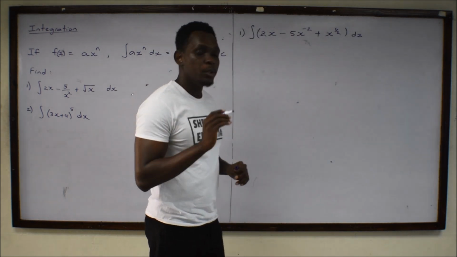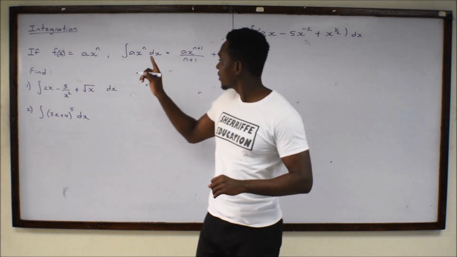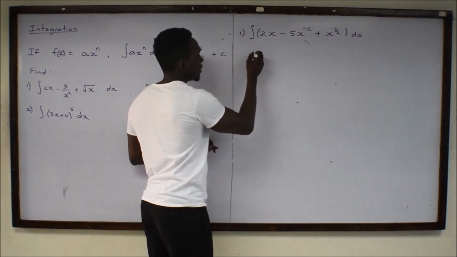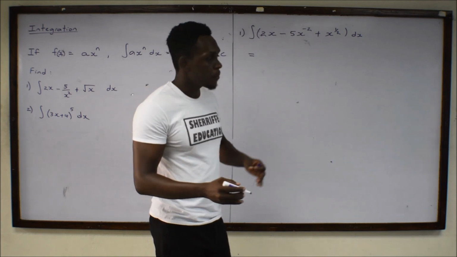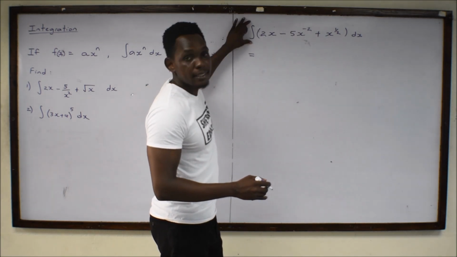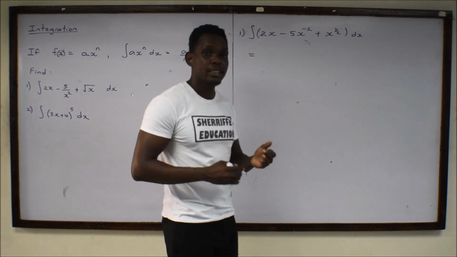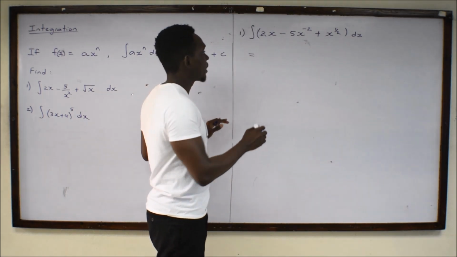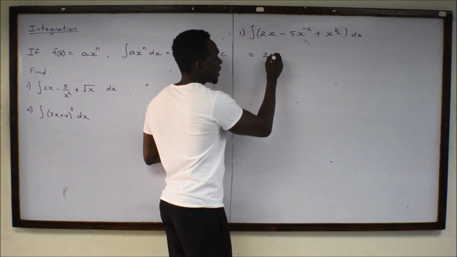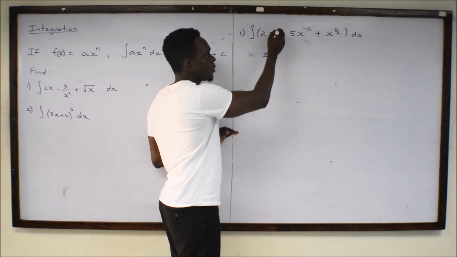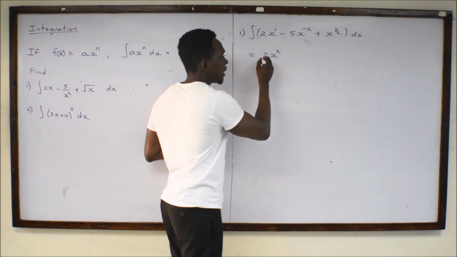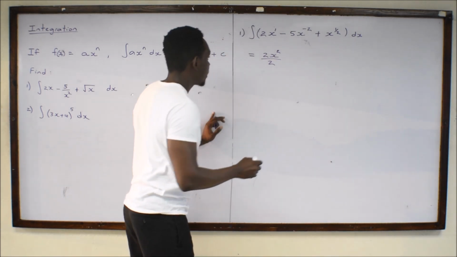So now we're able to apply this rule. Since we're applying the rule, we no longer need to write the integral sign, as we're going to integrate now. We have 2x to the, remember this is to the 1, so 1 plus 1, that's 2, and then we divide by the new power.